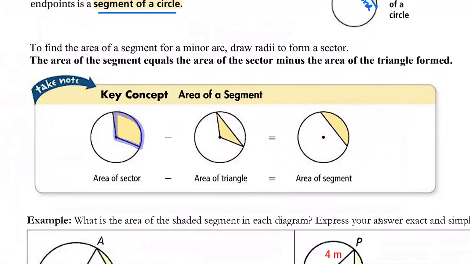So basically drawing a central angle here and turning that into a sector, this whole thing. We're going to take this sector, subtract off this triangle, and that'll leave us with the part that we're trying to find the area of. So the area of the segment equals sector minus triangle.